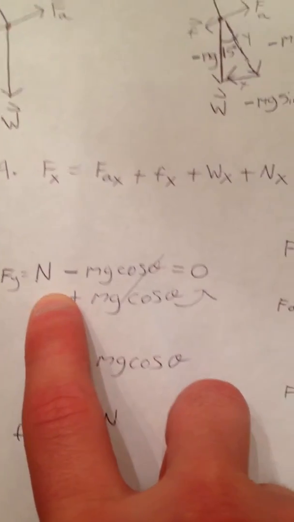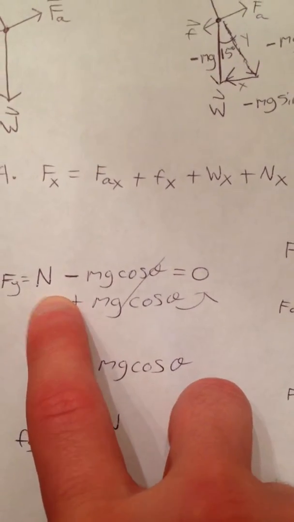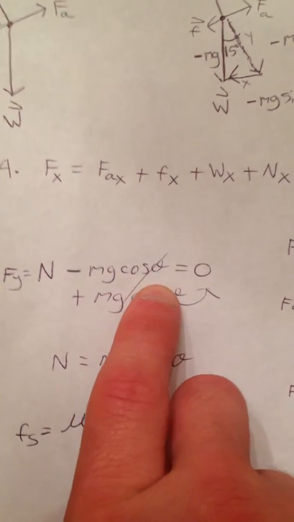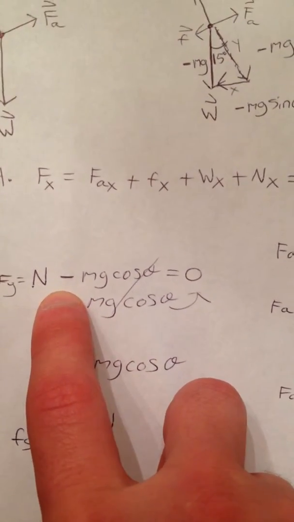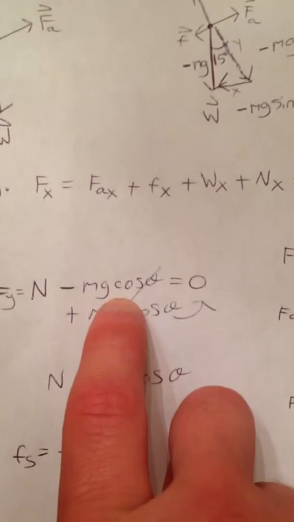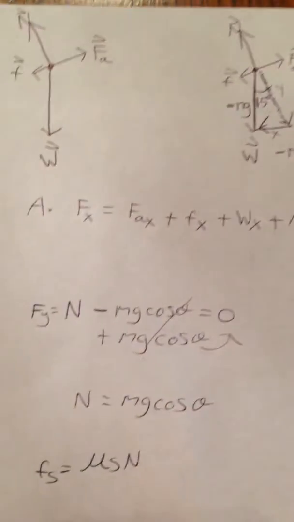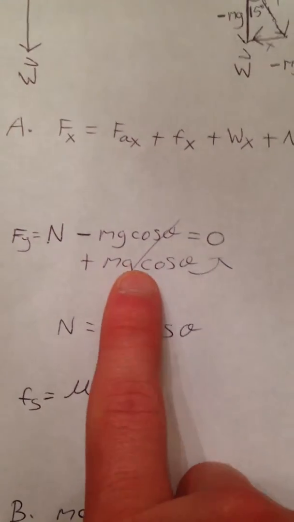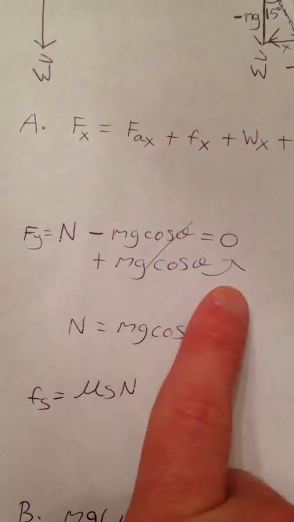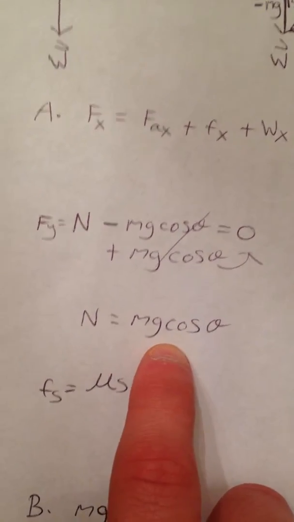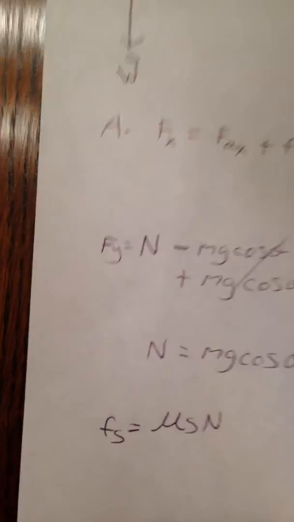It's going to be n minus mg cosine theta, which is just the y component of gravity, negative mg cosine theta. You set them equal to 0, you move them over to the other side, and this is what you get. So that's what n equals. So now we know how to deal with friction.